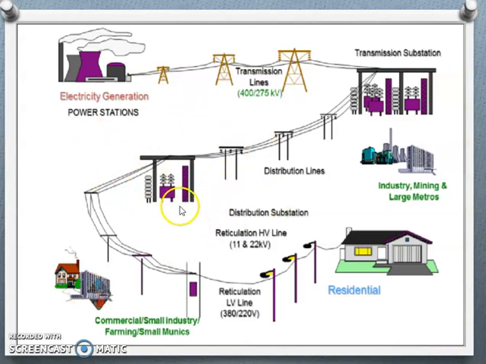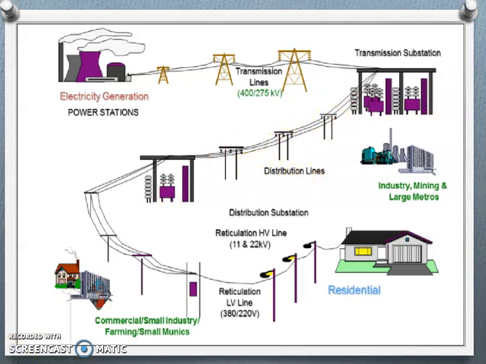This picture shows the overall electrical power system we have. This is the generation, where different power stations generate the electricity, and this generated electricity is transmitted through these transmission lines with this voltage. It may be of 400 kV or 275 kV. Then again this transmitted power is distributed via these lines, which are called distribution lines.